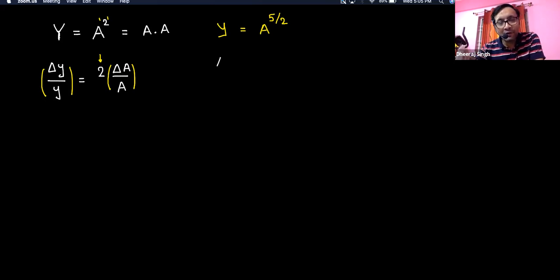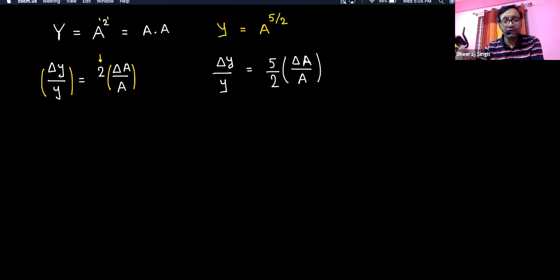You'll understand from that later on, but right now take it as it is. Even if the exponent is a fraction, you'll get it like this: 5 by 2 delta a by a. It is as simple as that. I hope it is clear to everyone.